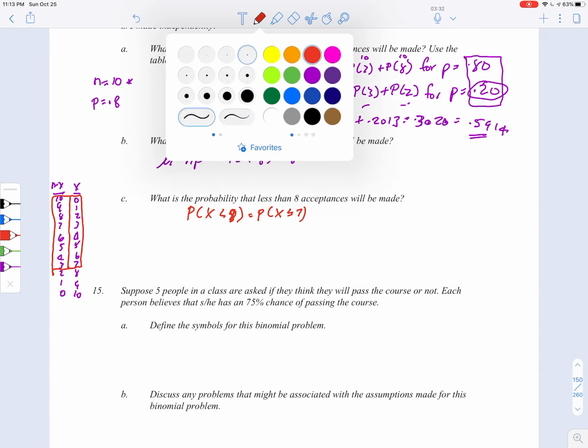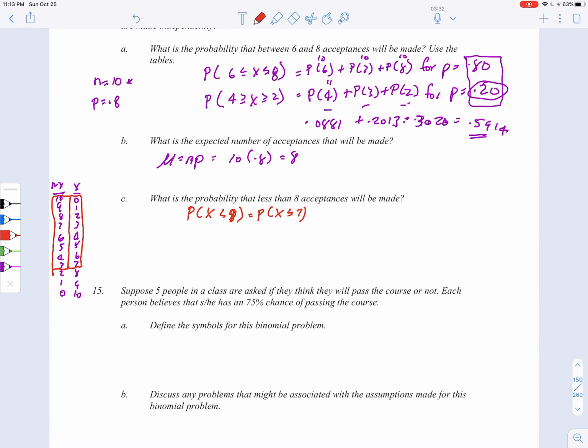Now, what's interesting here is that it's probably easier. I mean, you can go to the table and just add up all those guys there. But what's left over here? What's left over are these guys. So this is equal to 1 minus the probability that x is greater than or equal to 8, so 8, 9, or 10, and that's for a p equal to 0.8.